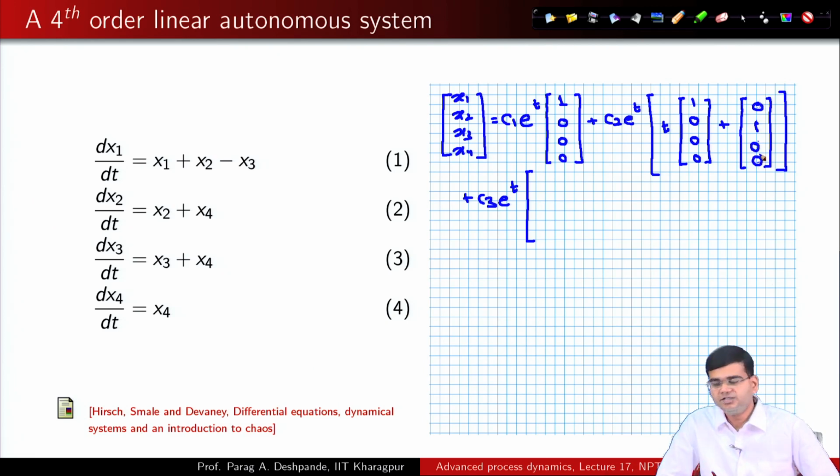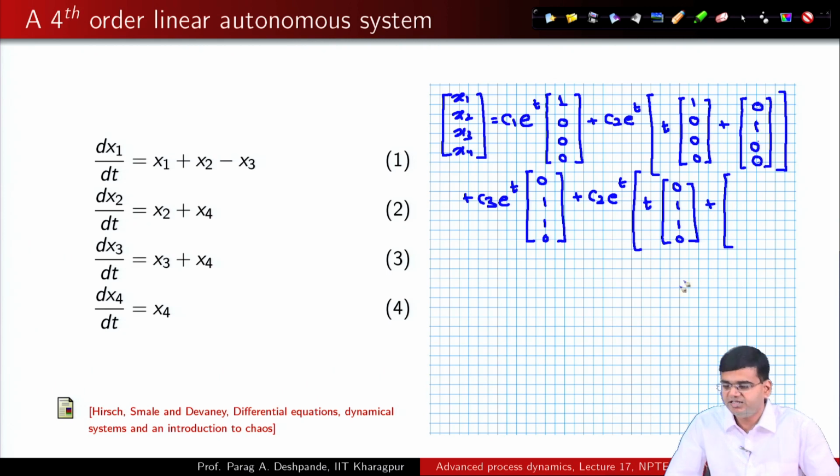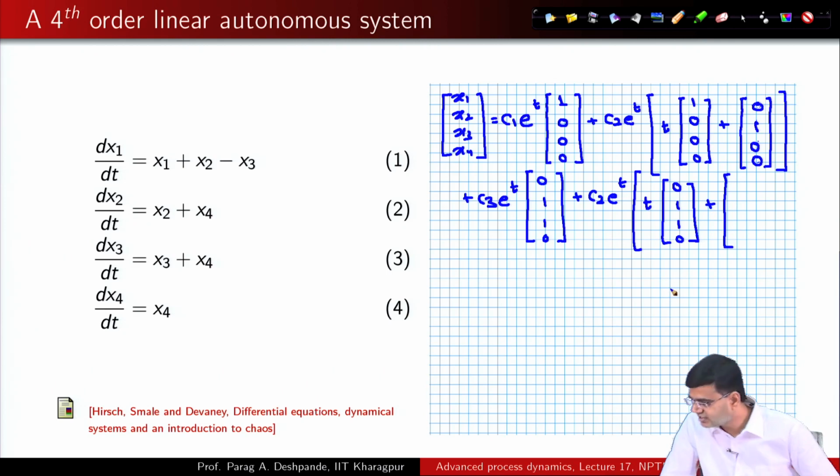Okay. Now, I have the second eigenvector which is 0 1 1 0, plus C2 e to the power t multiplied by the second eigenvector, 0 1 1 0, plus simply the second generalized eigenvector, which was 0 0 0 1.